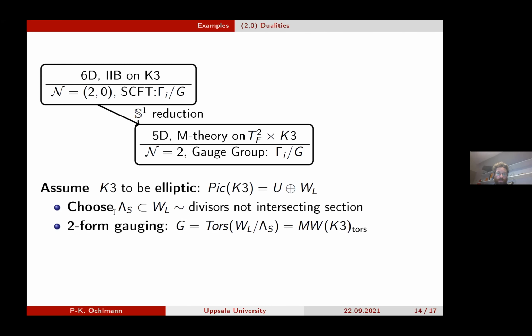And then I choose my SCFT lattice to be inside this frame lattice. And if you do so, then you can actually reduce the condition of this two-form gauging to precisely coincide with the torsion Mordell-Weil group that you have to have in order to satisfy the condition that you have a two-form gauging.